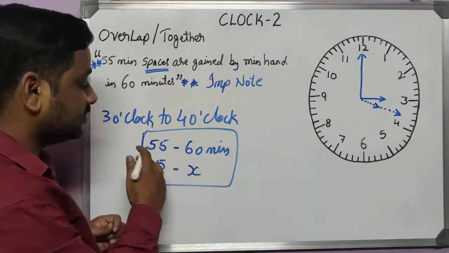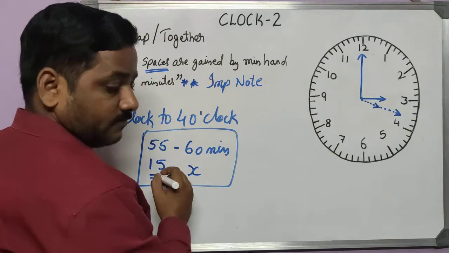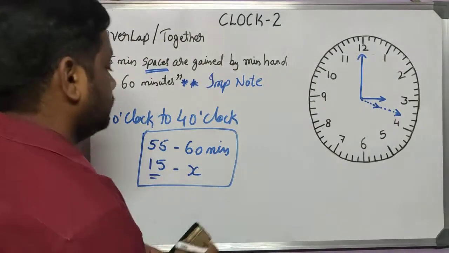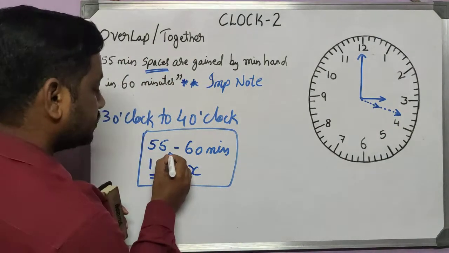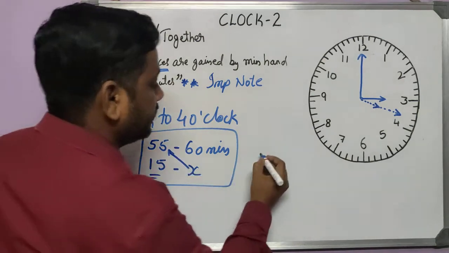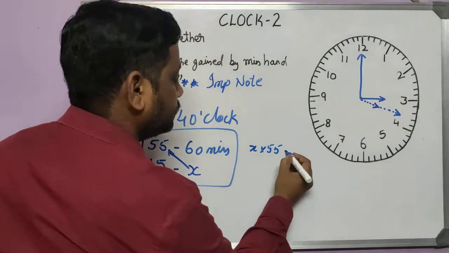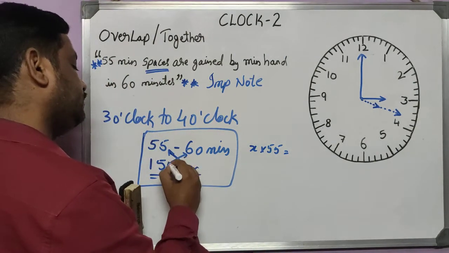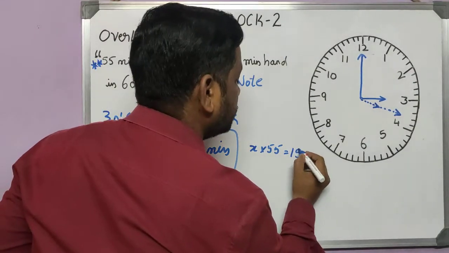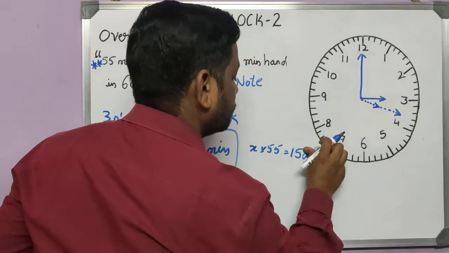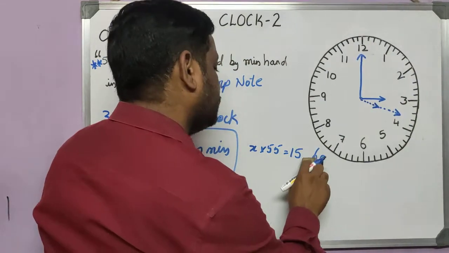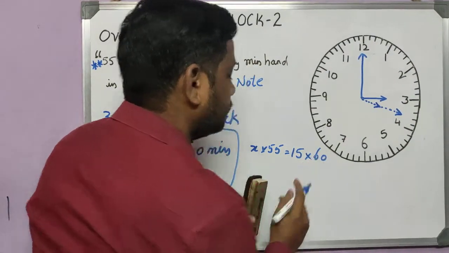Now cross multiply this. If you cross multiply, see what we get here. x into 55 equal to 15 into 60. Once you cross multiply, we get the unknown value x.